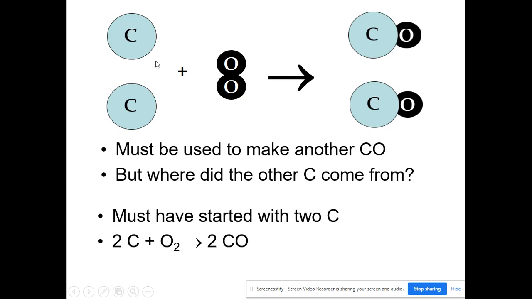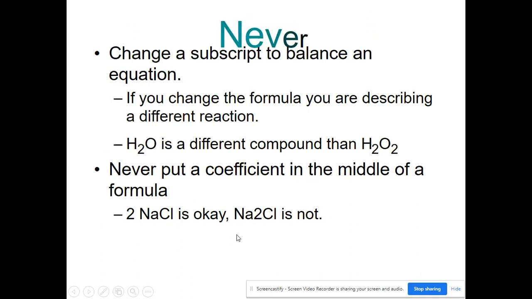To increase the number of carbon atoms and the carbon monoxide molecules, we have added coefficients of 2 to the carbon and 2 to the carbon monoxide. When you're balancing an equation, you can never change a subscript to balance the equation. If you change the formula that you write, you're describing a different reaction.